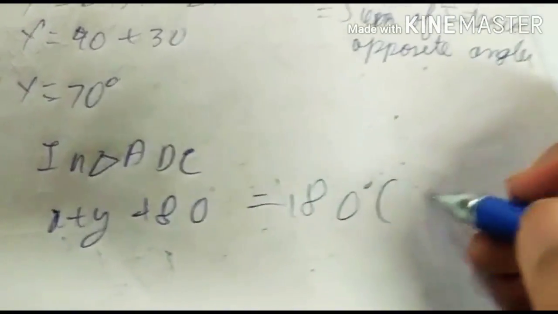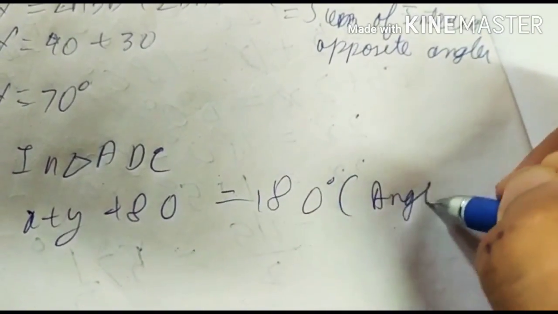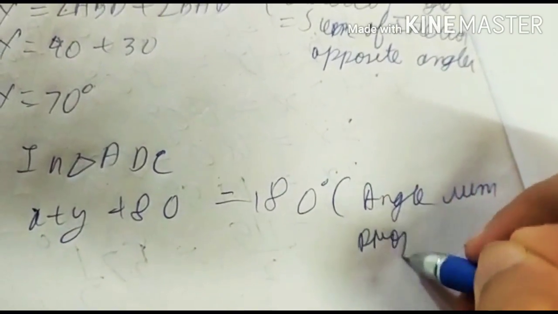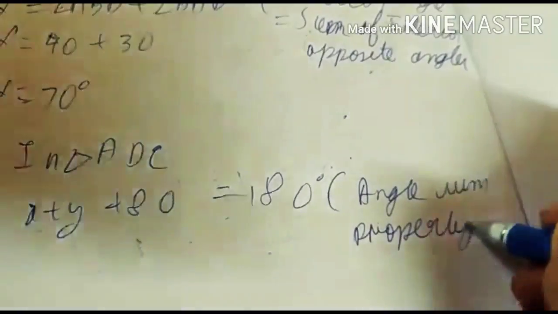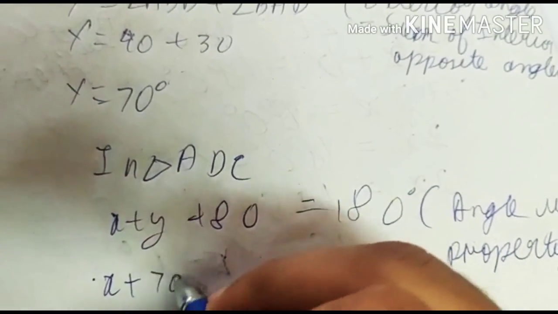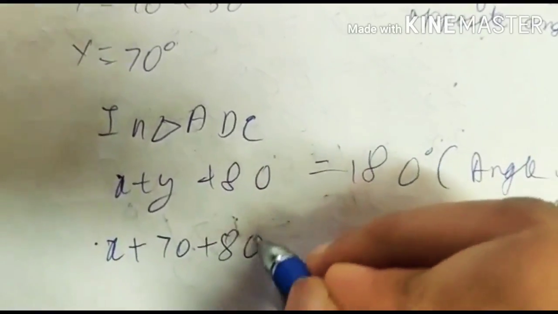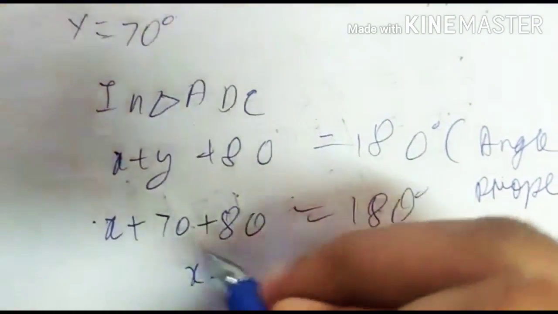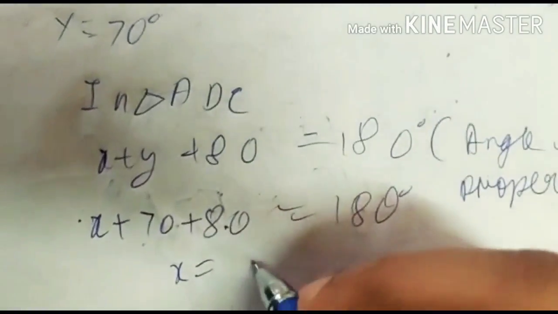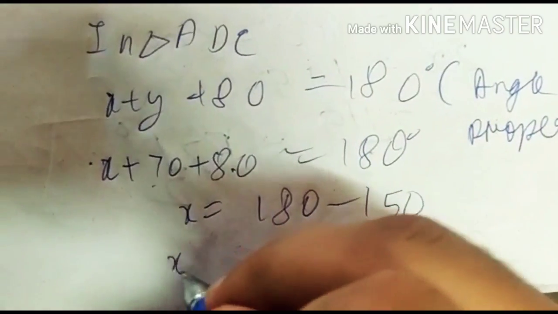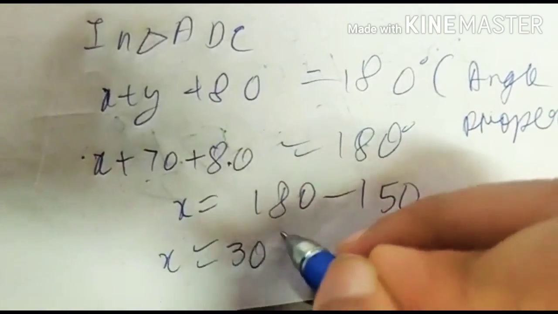How? Angle sum property. Here we have to find x, y is 70 degrees, this is 80 degrees, and the total is 180 degrees. x equals 70 plus 80 is 150, so 180 minus 150, x equals 30 degrees.